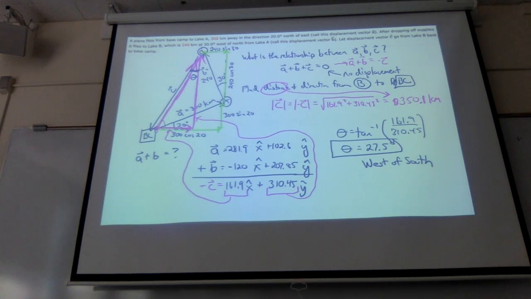What if you used it as a unit vector, like 161.9 divided by the magnitude, doesn't that give you the direction? No, direction information isn't going to come directly out of that. You need to do some angle calculation.